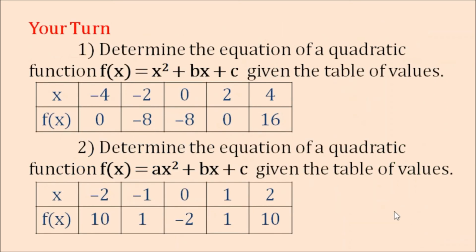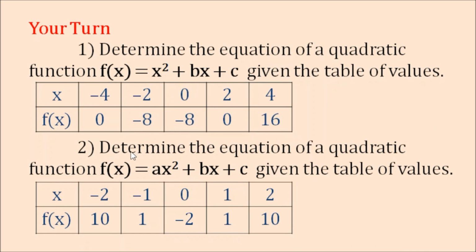Now I prepared here 2 items for you to practice on. Determine the equation of a quadratic function. The form is f of x equals x squared plus bx plus c given the table of values. This is the table of values. Now here you will just find b and c, then you will already get the equation.